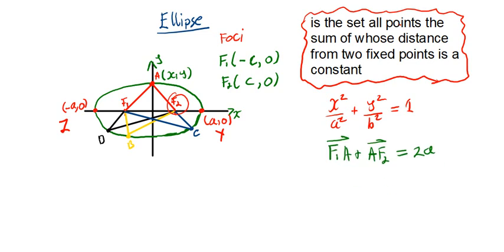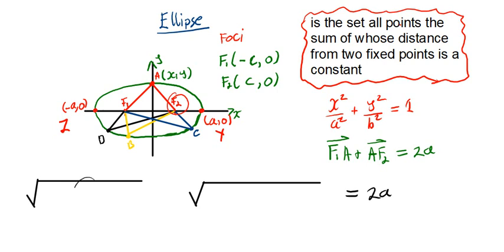So look at f1 to a, from this point to this point. It's something very simple, and we have been doing this from primary school, finding the distance. I'll put that, then another one, and this is supposed to equal 2a.